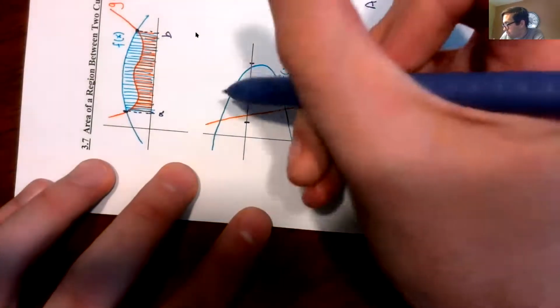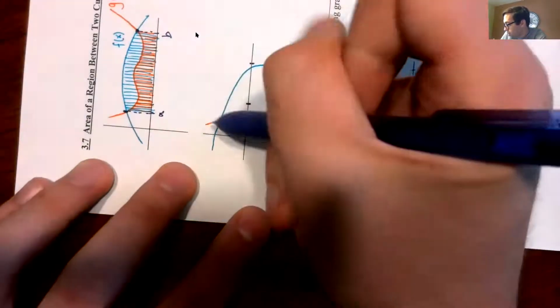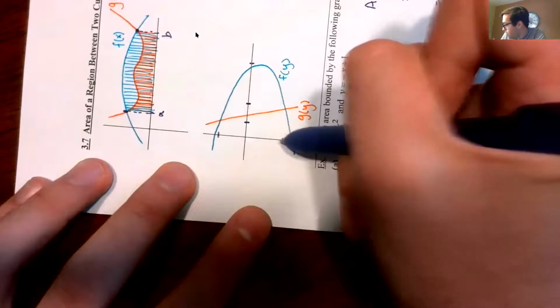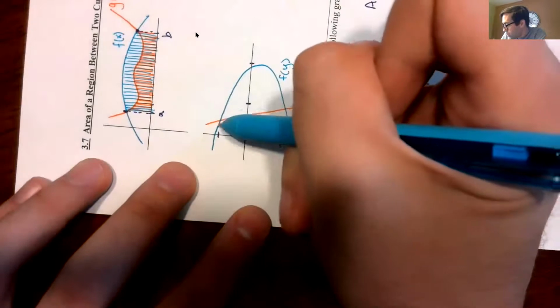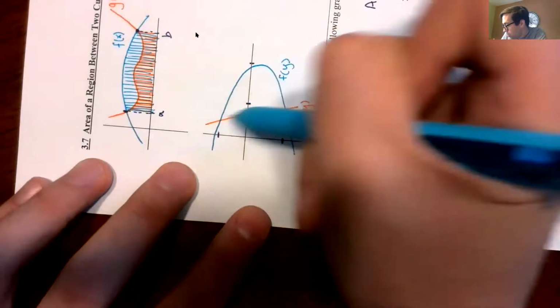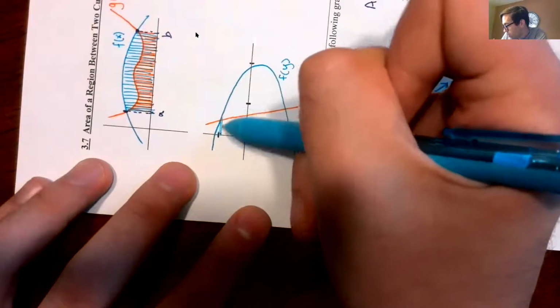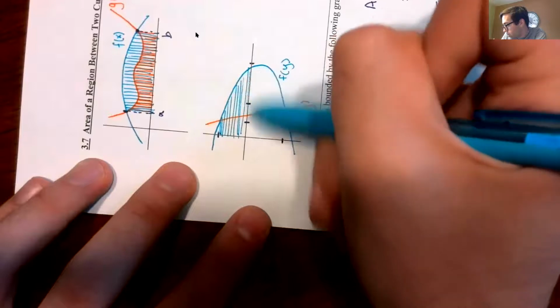And if I shade in my slices here, we have the endpoints, and now we have one upper curve and one lower curve, and we don't have to worry about doing more than one or anything crazy. I'm going to do some blue slices this direction.